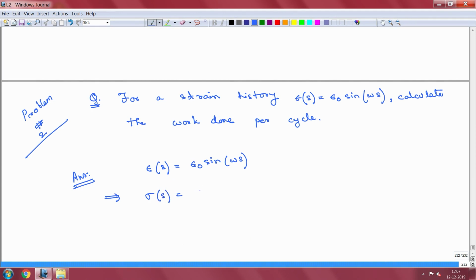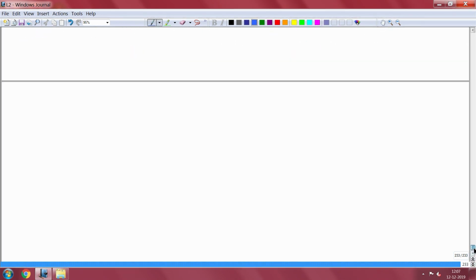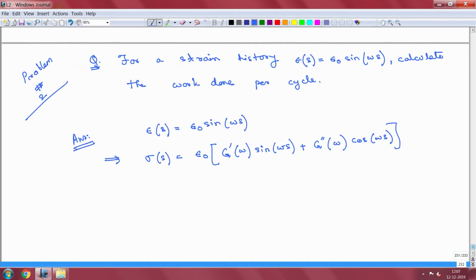The expression for this will be given by epsilon naught, g dash of omega sine omega s plus g double dash omega cosine of omega s. And once again, g dash and g double dash have the same meanings that we have used in the class before, so we are already familiar with these variables.